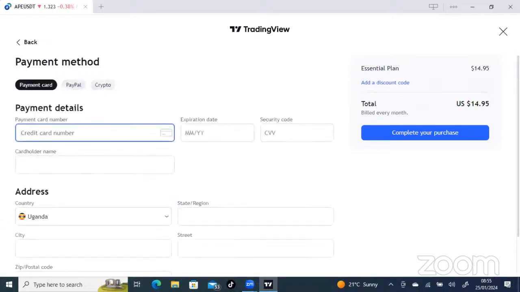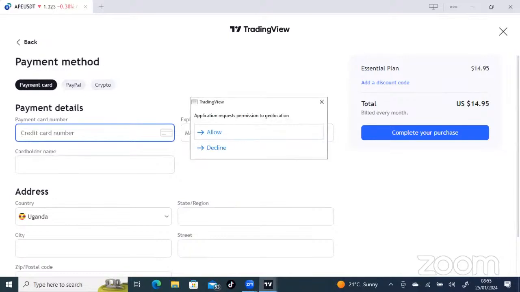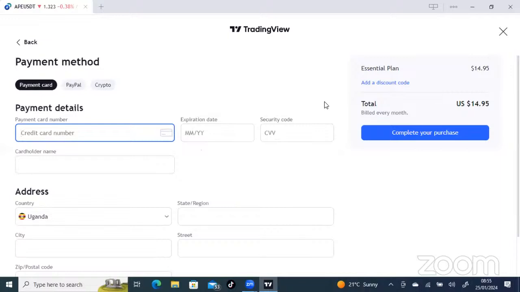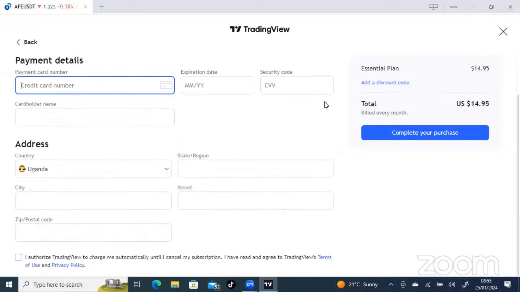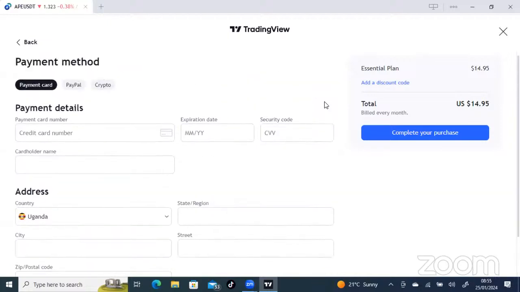there are certain indicators I would love to teach. Then you enter your Visa card. Okay. You enter your credit card. If you are in Uganda, you can use Airtel card.